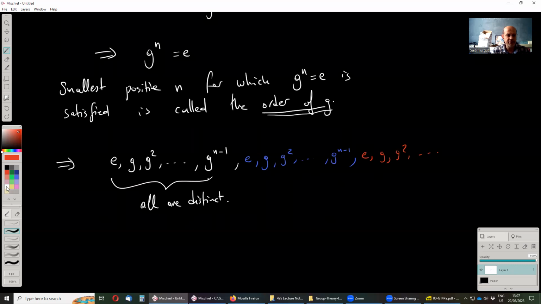Just think of it like this. So that's the nth power, that's the n plus 1st power, and so on, and this is the 2n plus 1st power, and so on. Okay. So yeah, we have an infinite sequence in here, but this infinite sequence is repeated periodically.